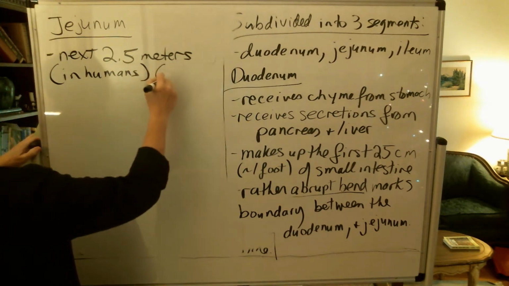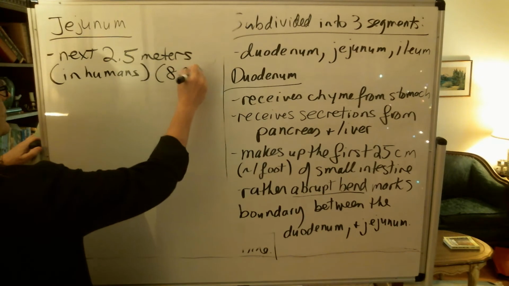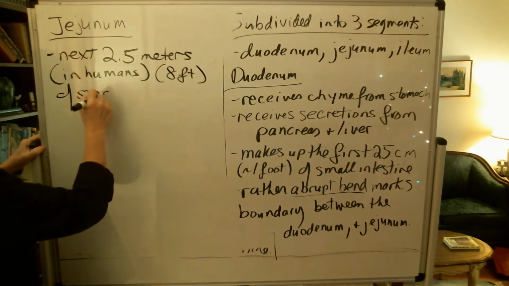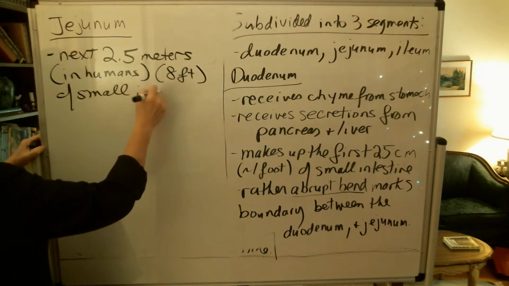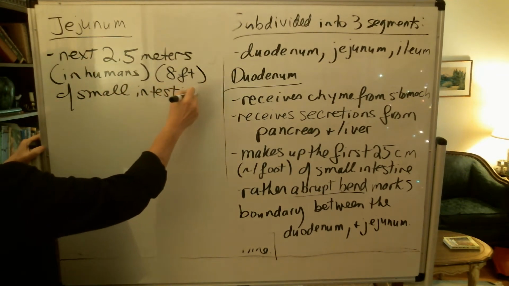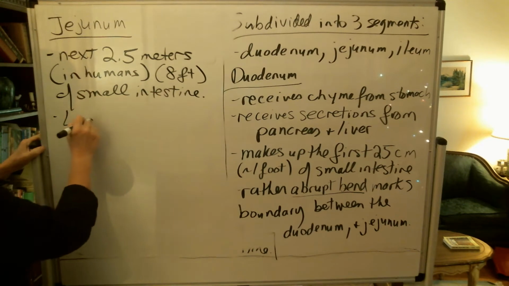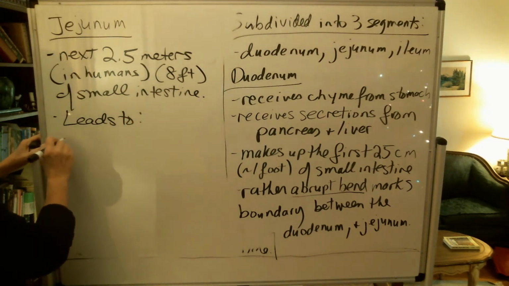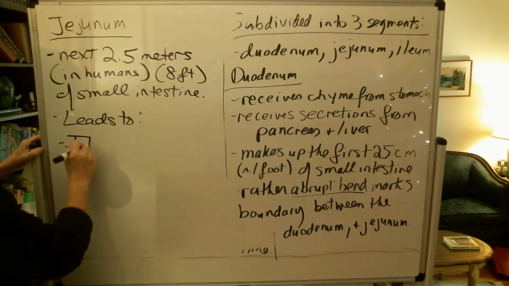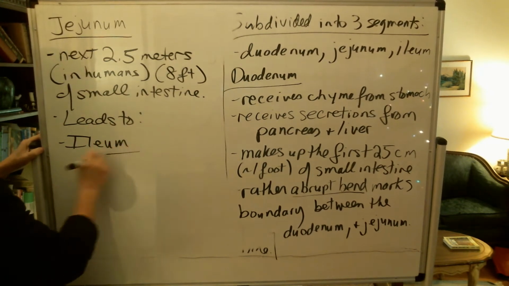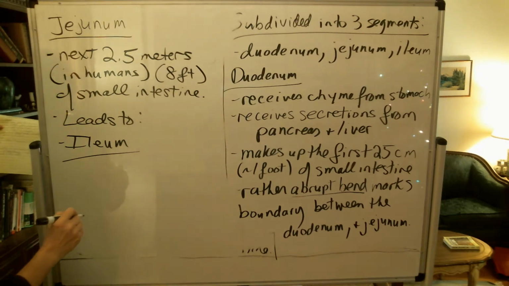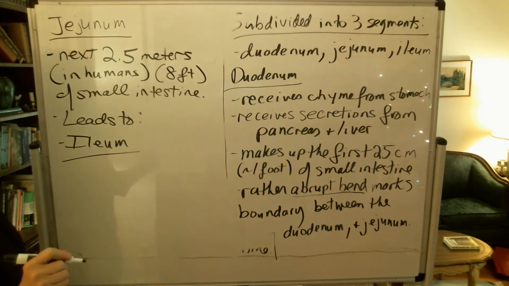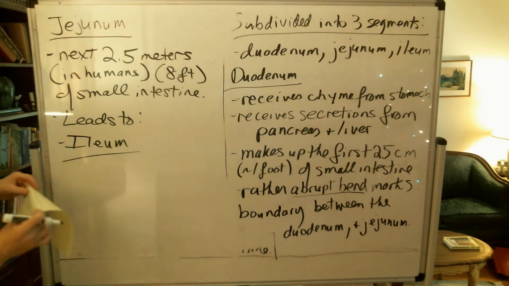That is to say, about 8 feet of the small intestine. And it then leads to, of course, the ileum. And the ileum is the last portion of the small intestine.